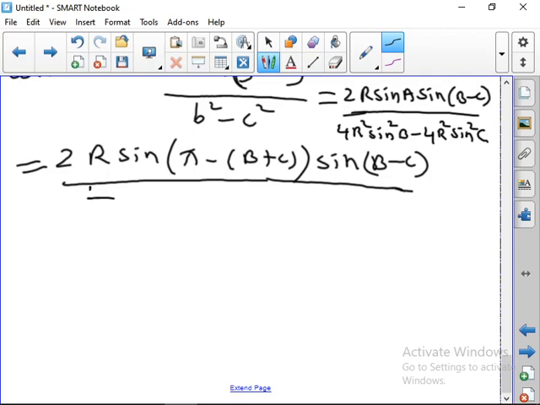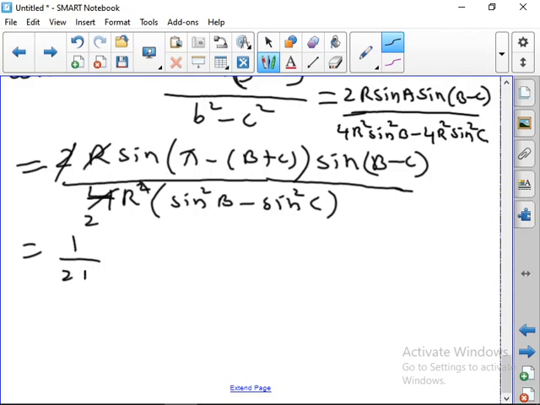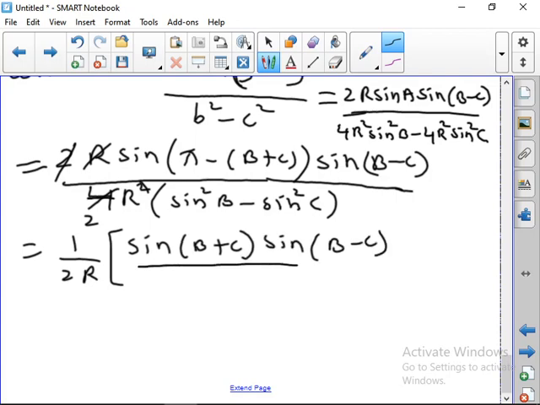So take 4R square out: 4R square into sine square B minus C. Now 2 goes here 2 times, and R cancels. So you will get 1 by 2R into, since sine pi minus theta is sine theta, sine B plus C into sine B minus C by sine square B minus sine square C.